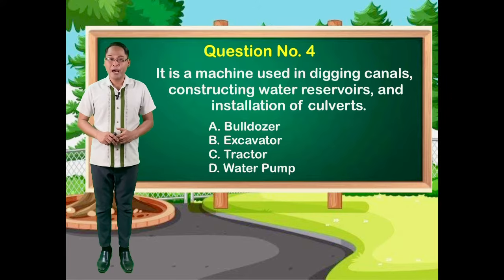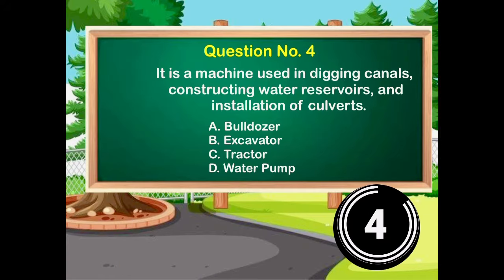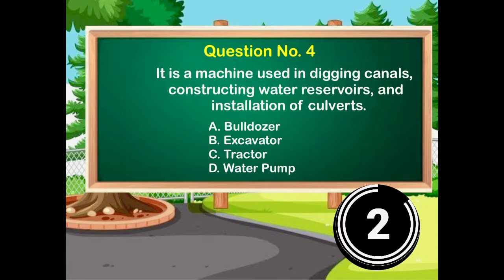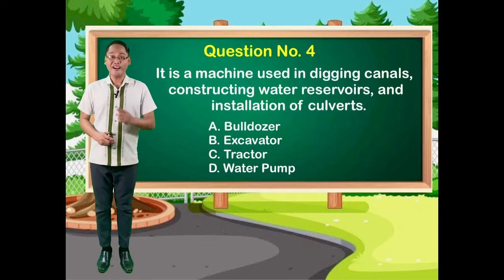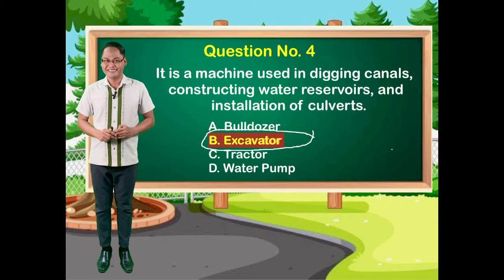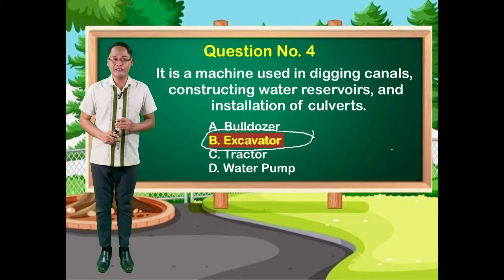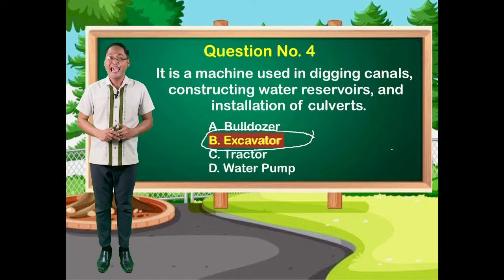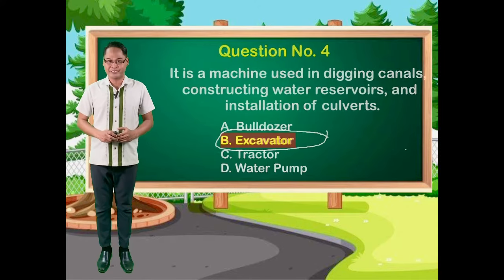D. Water pump. If your answer is letter B, you got it right. Excavator. It is a machine used in digging canals, constructing water reservoirs, and installation of culverts.